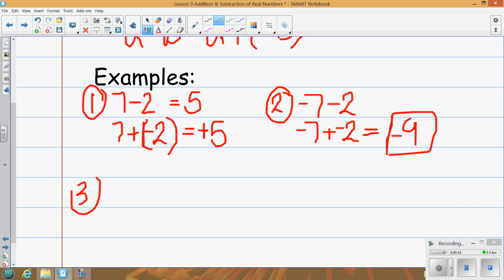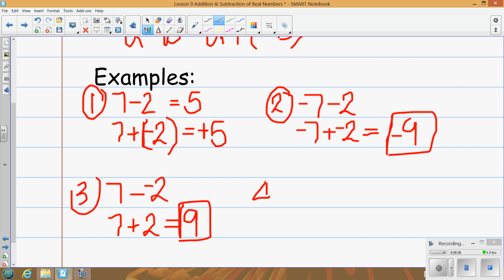So if we have an example of 7 minus negative 2, again, you keep, change, change. So you keep the first, change the sign, change. So it's 7 plus 2. You're adding the opposite. Whenever you're subtracting, you're adding the opposite number. So we get 9. Now 2 minus 7.